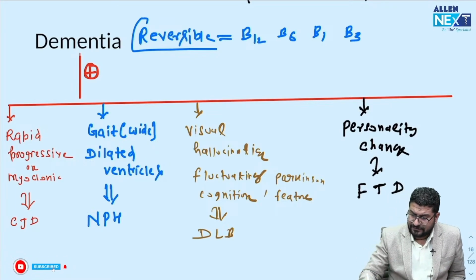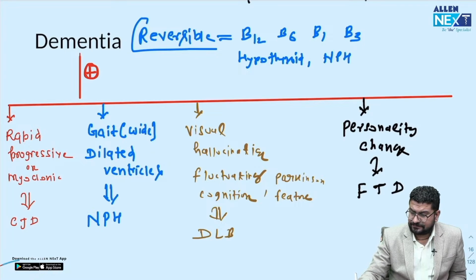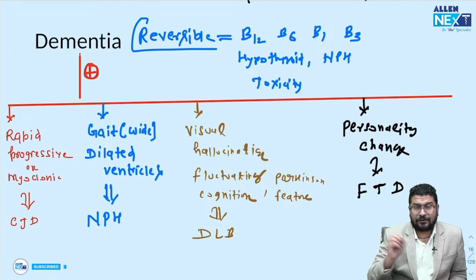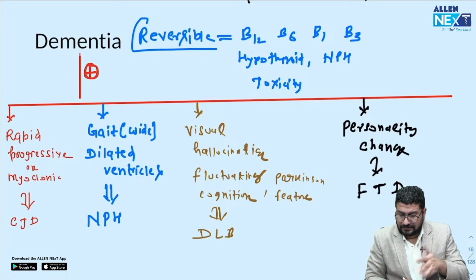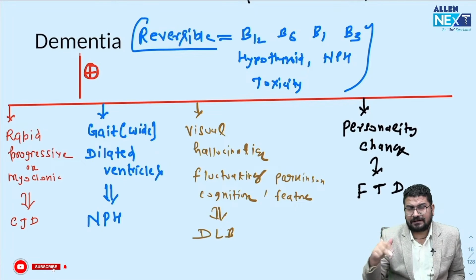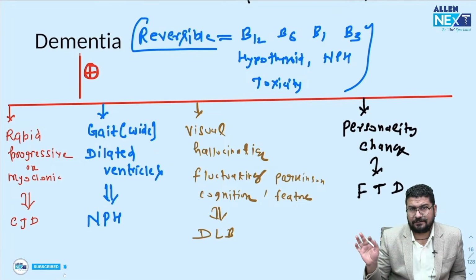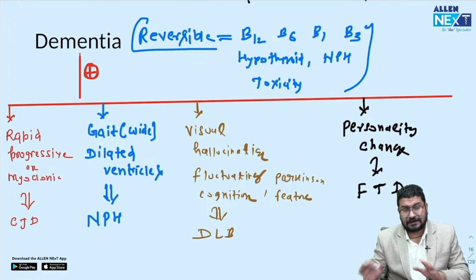So these vitamin deficiencies, then remember hypothyroid can cause it. Then NPH can also cause reversible dementia. Then any drug toxicity. Some, not all, but some vascular issues like a vein thrombosis or some arterial embolic stroke can be reversed. So these are reversible. Neurodegenerative diseases like Alzheimer, Parkinson, Creutzfeldt-Jakob are irreversible. Neurodegenerative dementia will always be irreversible. So these are the differentials of dementia.